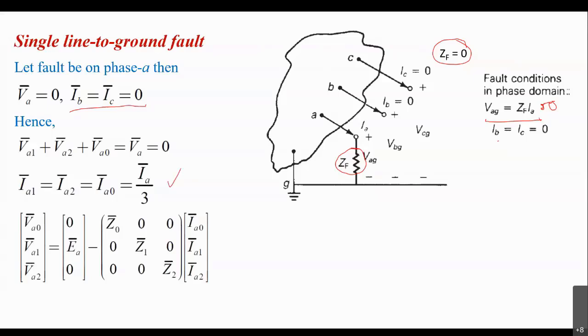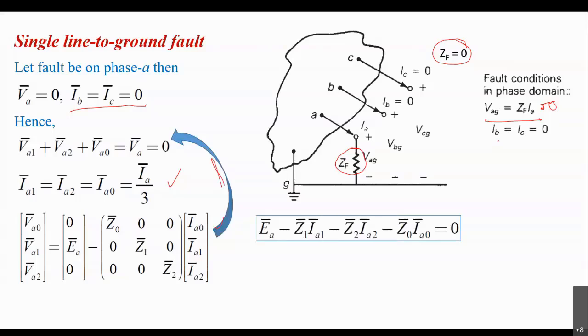Now substituting these two equations in this equation, we'll find that EA minus Z1 IA1 minus Z2 IA2 minus Z0 IA0 equal to 0, right? You can try also. You can find it, right?